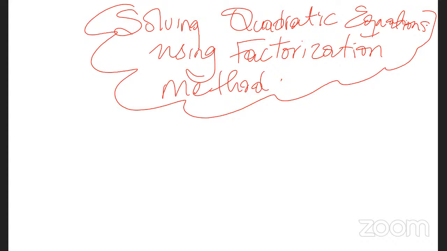So we're using factorization. The first one I'm going to do is x squared plus 4x plus 3 equals 0.